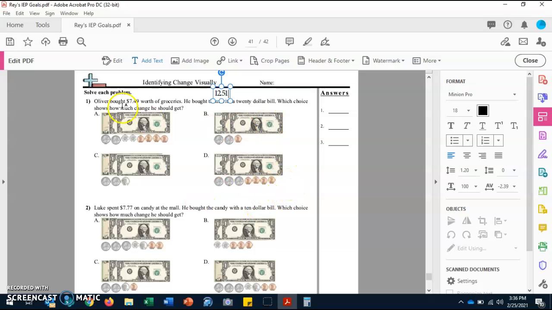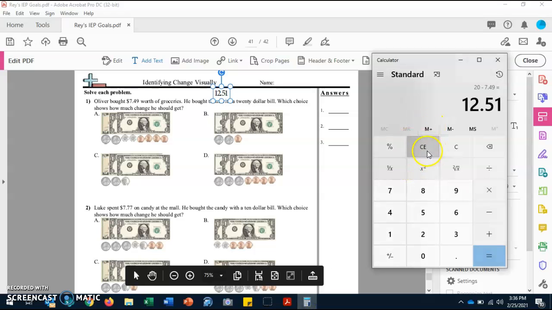$12.51. And now we have to go through each letter and find where they're giving him $12 and 51 cents. So here, if we start with number 1, we have a $5 bill, a $1 bill, and another dollar bill.